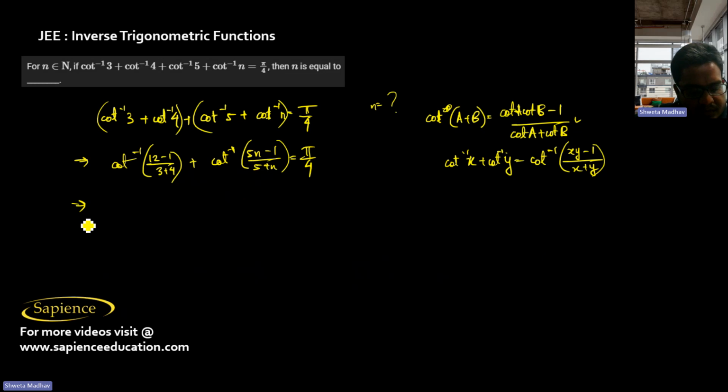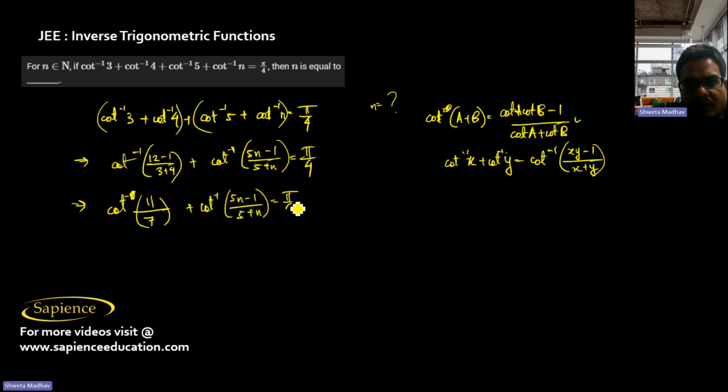So now therefore this will be cot inverse of 11 by 7 plus cot inverse of 5n minus 1 by 5 plus n, that is equal to pi by 4.